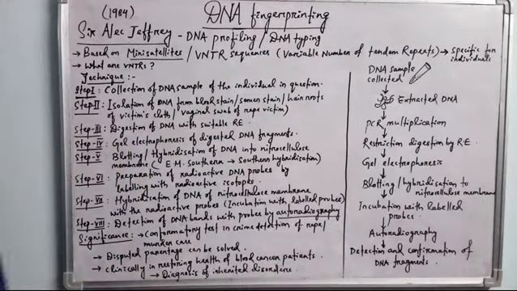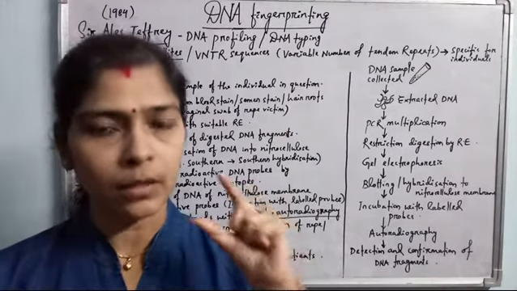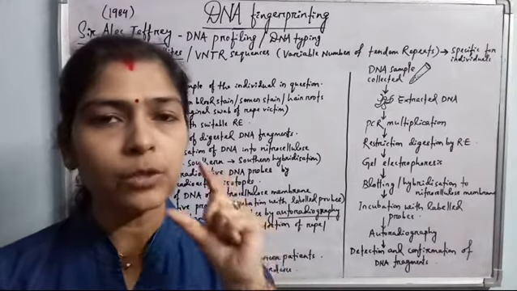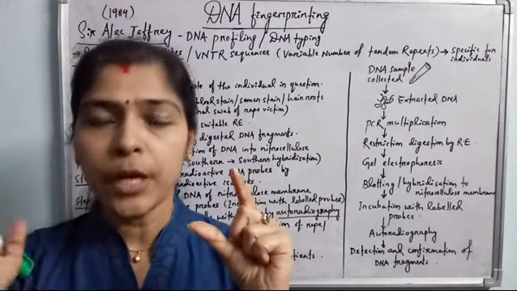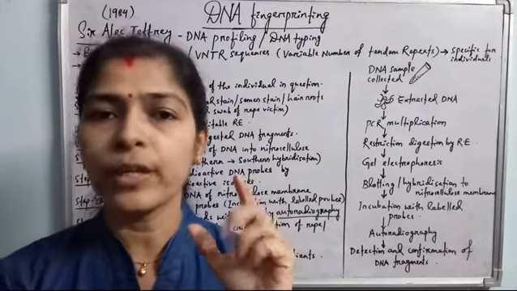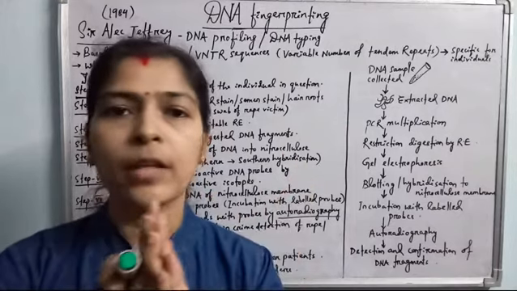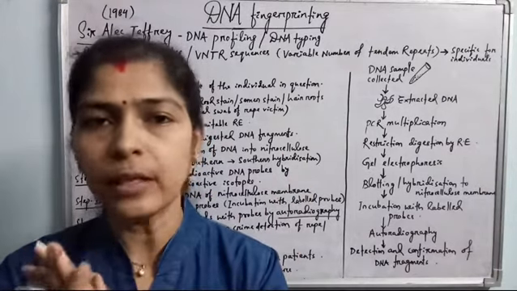In the next step, what is done? If any DNA on the nitrocellulose membrane is complementary to the radioactive probe which is synthesized, then the radioactive probe makes complementary base pairing with the DNA present on the membrane, and there occurs a double stranded band.